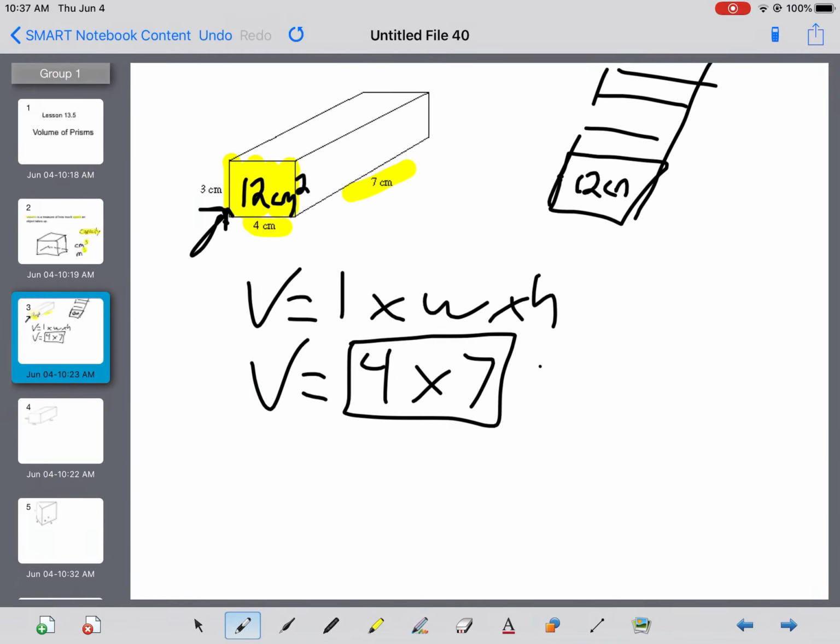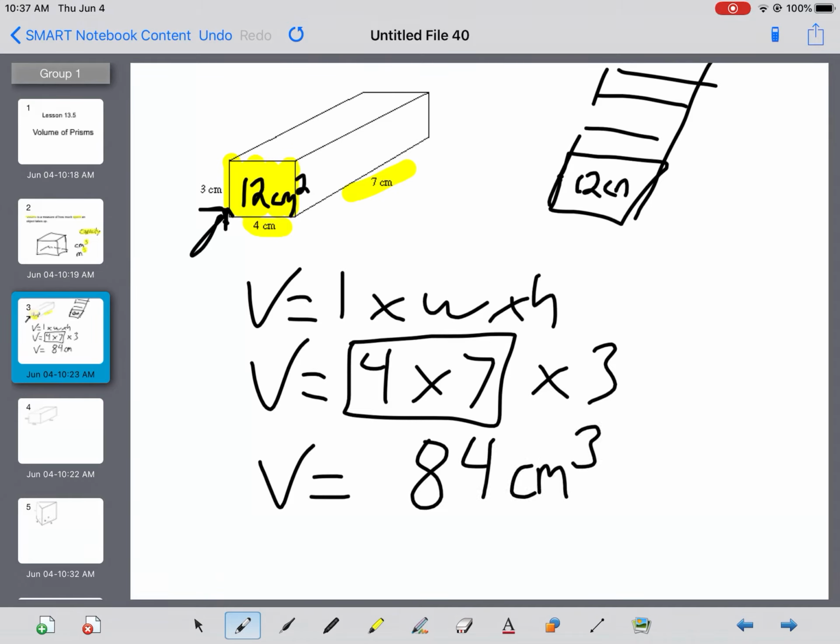And then that base goes all the way up for 3 centimeters. You will notice that I will still get the same answer. 4 times 7 is 28, and then 28 times 3 gives me 84 centimeters cubed.